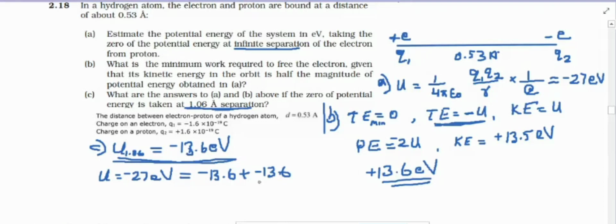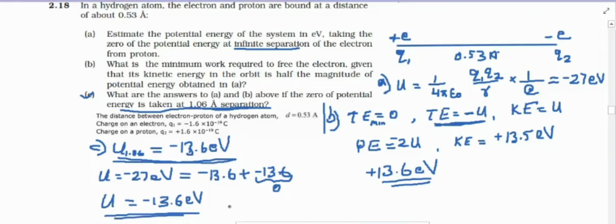So one of the minus 13.6 you have to take as 0, because the question says that potential energy for a distance 1.06 has to be taken as 0. If so, what is the potential energy in part C? What remains there? Minus 13.6 will remain there. One of the minus 13.6 becomes 0. So this will be the answer to part A if potential energy is taken as 0 at 1.06 separation.